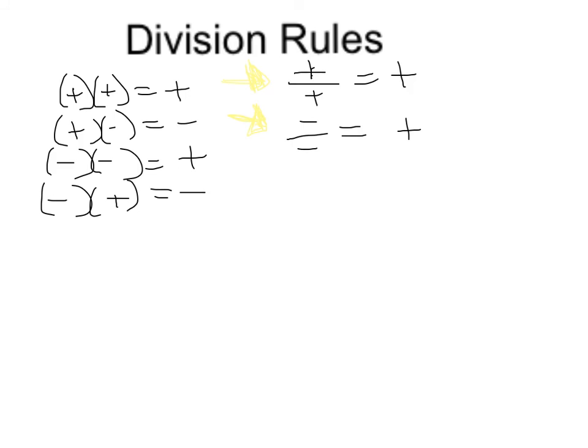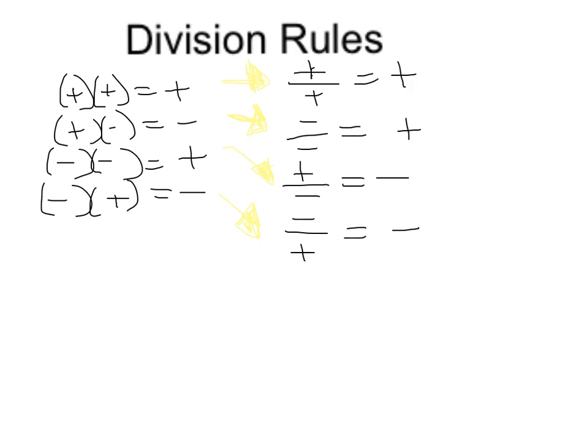If a negative times a negative is positive, then working backwards, a positive divided by a negative should get you a negative. On the next row, if a negative times a positive is negative, then working backwards, the negative divided by the positive should get you the negative.